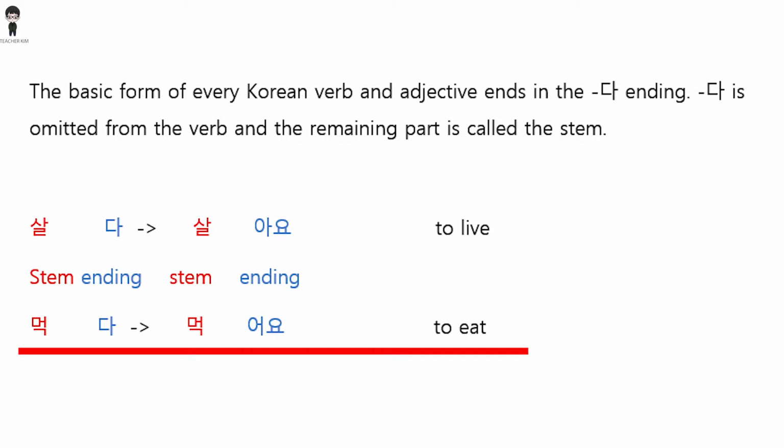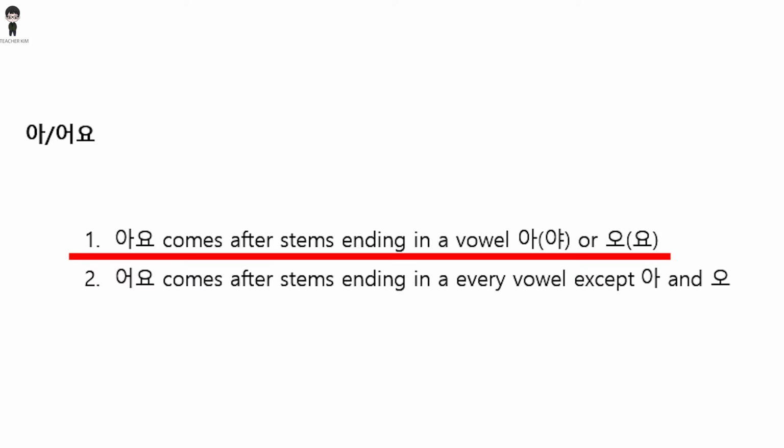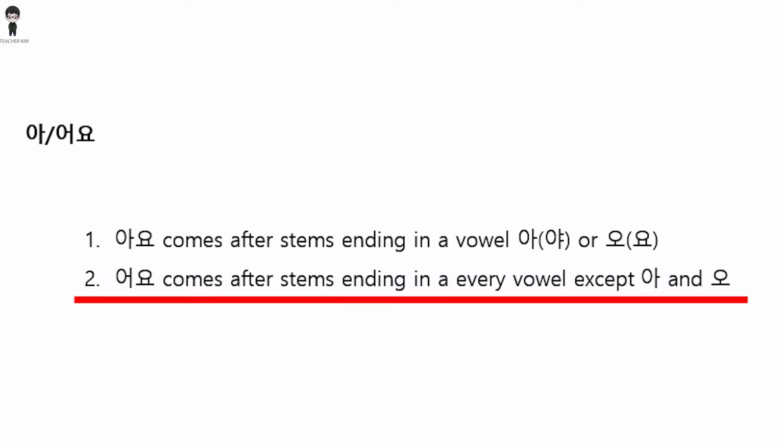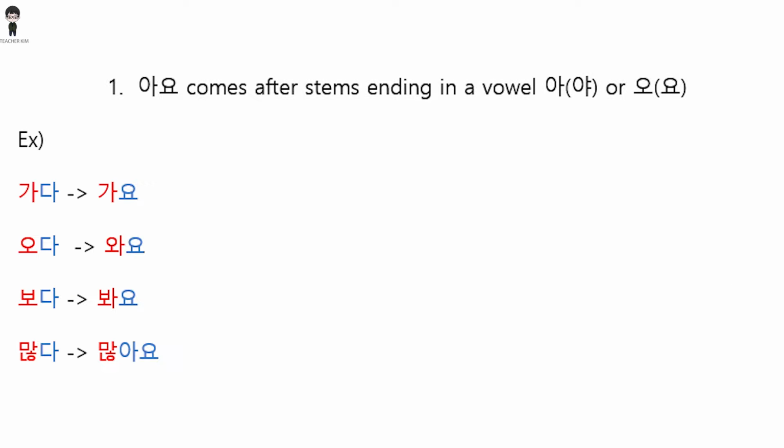And the reason is there are two rules for ayo and oyo. So when do we use ayo and when do we use oyo? We use ayo when it comes after a stem ending in the vowel ㅏ or ㅗ. And oyo comes after stems ending in every vowel except ㅏ and ㅗ. So let's look at a couple examples of ayo.